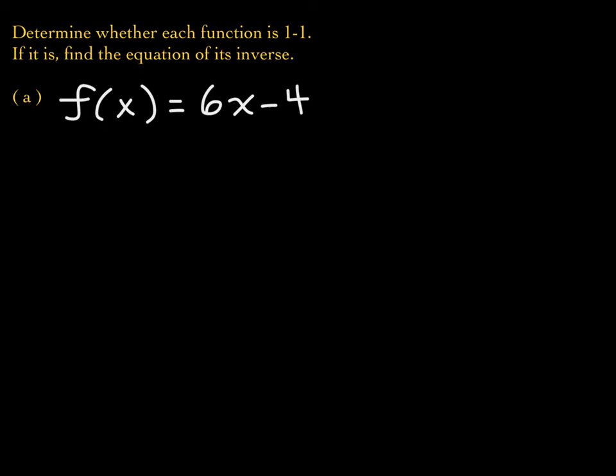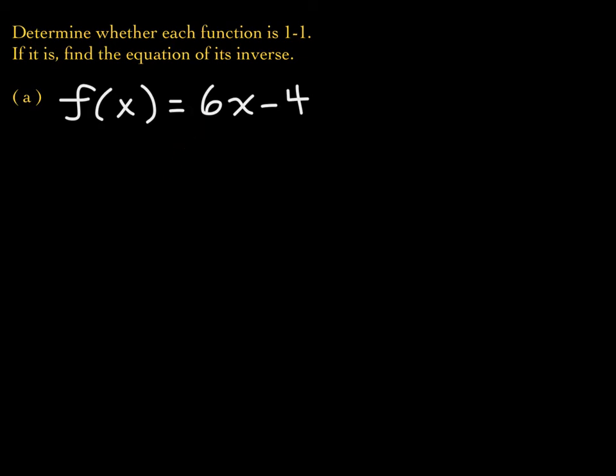Well, consider its graph. This is a linear function whose graph would be a line with slope positive 6 and y-intercept negative 4. We said earlier that any diagonal line would pass the horizontal line test and therefore be one-to-one. This is a diagonal line.